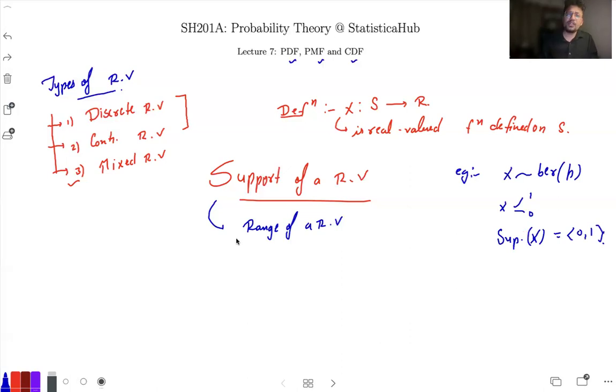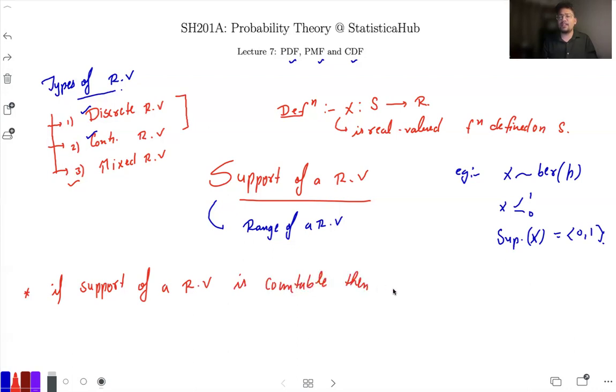Now whether a random variable is discrete or continuous depends on the support of the random variable. I will give you a simple definition. If the support of a random variable is countable, then it is a discrete random variable.